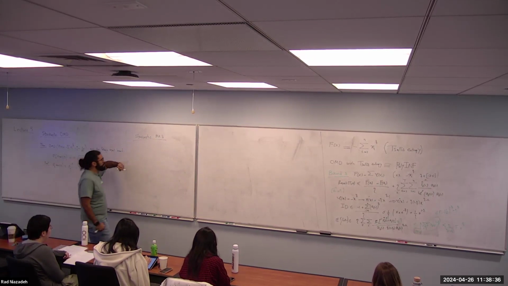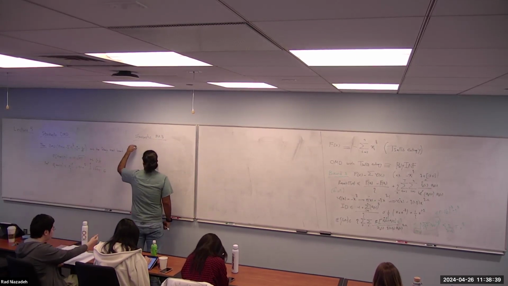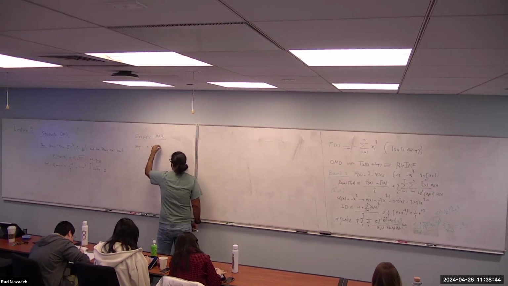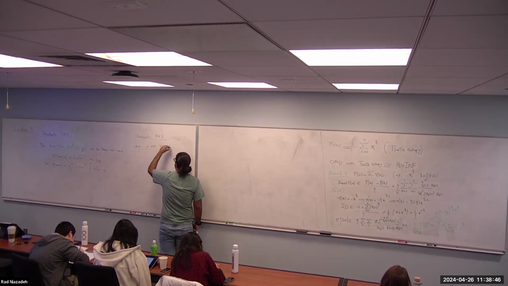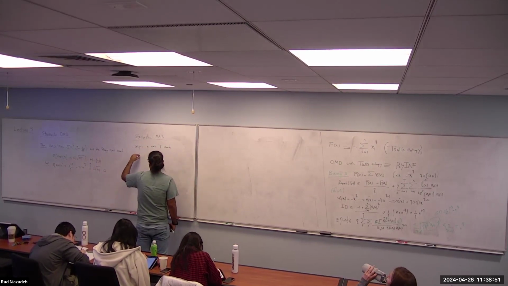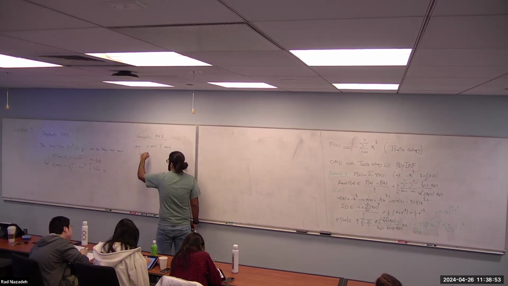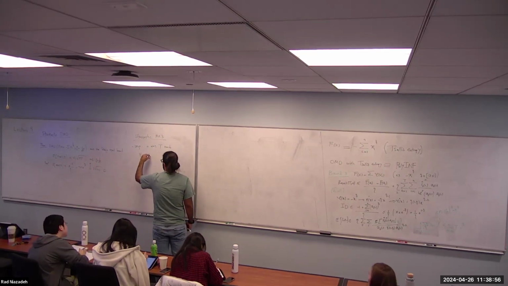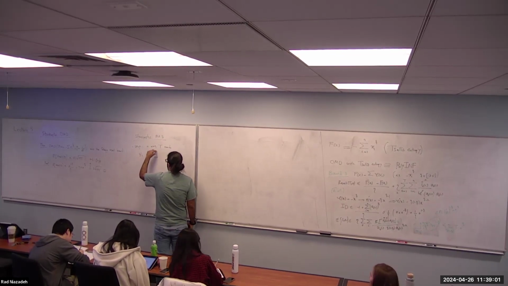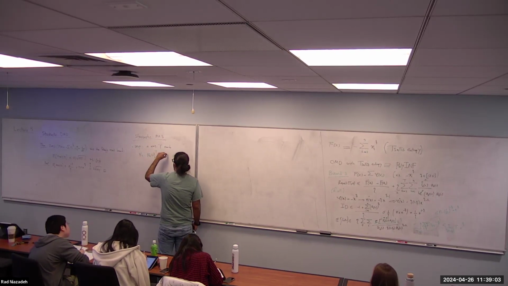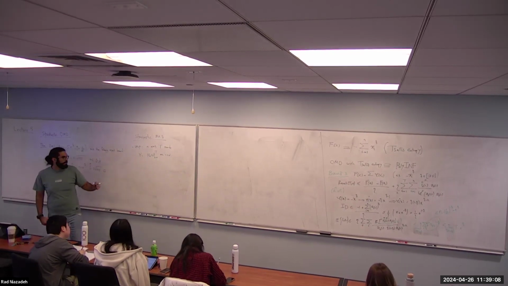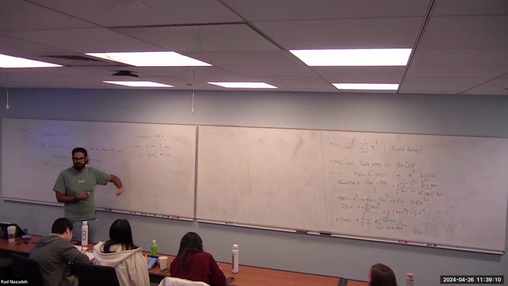Same setup as before. There are n arms. There are T rounds. The difference is that now for every arm i, the rewards r_t^i for t equal to 1 to capital T are i.i.d. So there is still an unknown distribution attached to each arm.